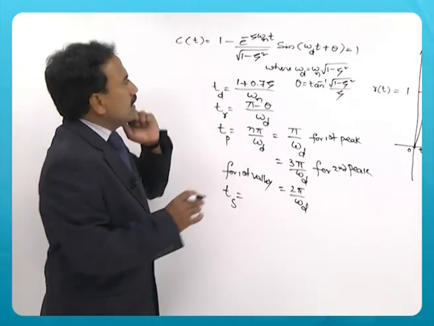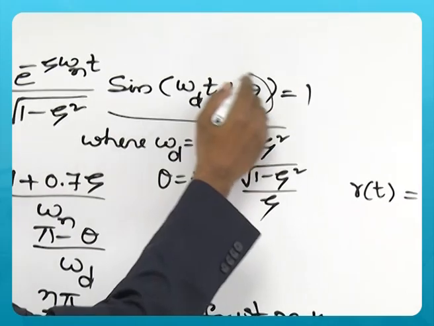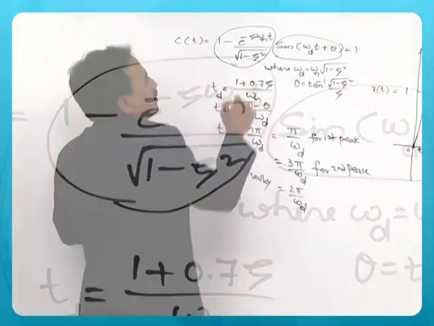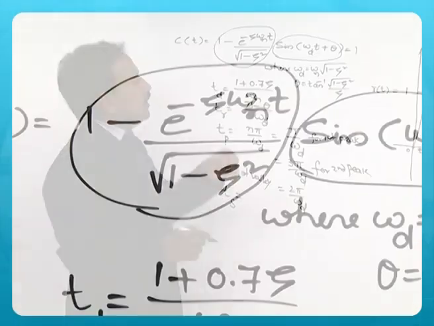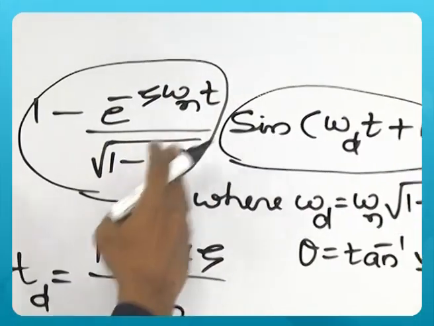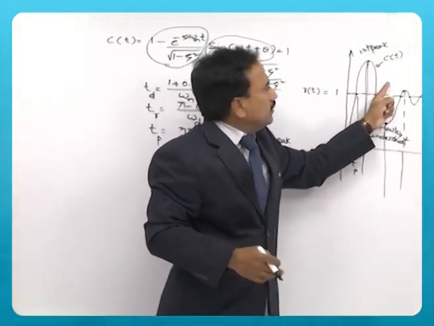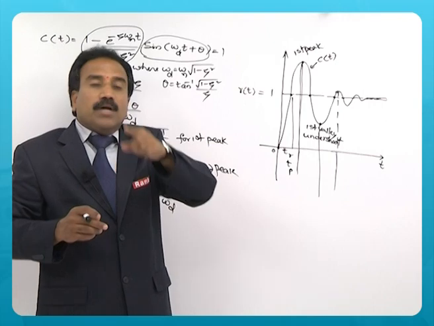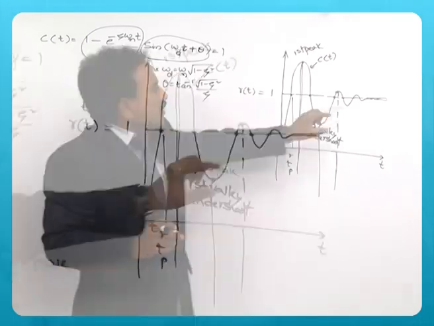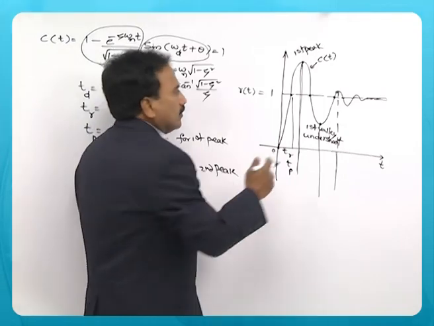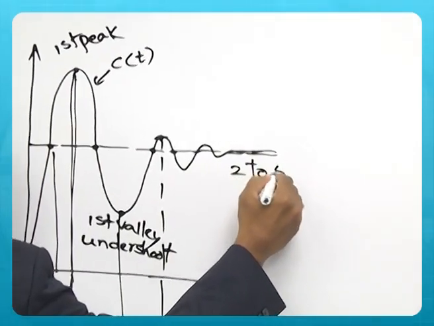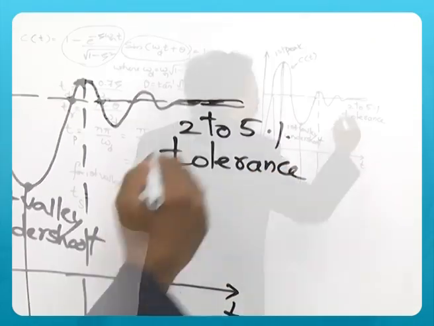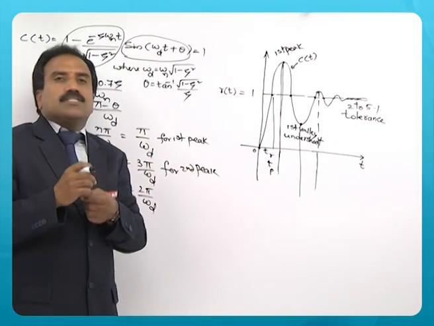So you can see here these oscillations are responsible with this, and the exponential decay is due to this. So that exponential decay, or the amplitude of this sine term, you can see here this amplitude is becoming less and less, finally it comes to 0, but settling time is defined as 2 to 5% tolerance is allowed in the steady state.